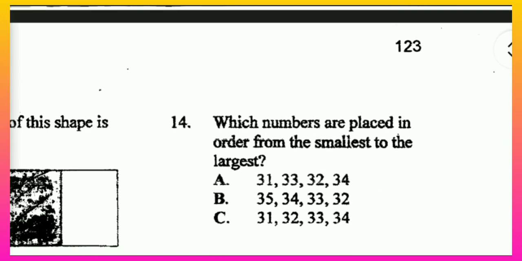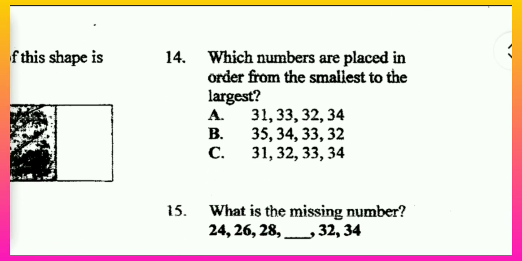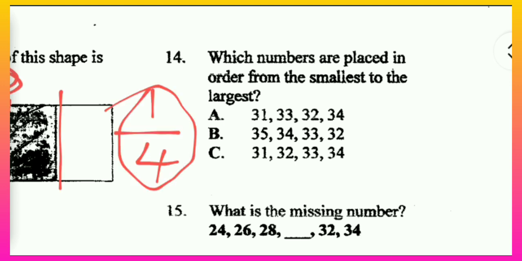Let's look at number 14. Good job. Which numbers are placed in order from the smallest to the largest? So from little to big. Sometimes you might hear the word ascending. So this term, smallest to the largest, is the same as going up from the littlest to the biggest, or from the lowest to the highest.